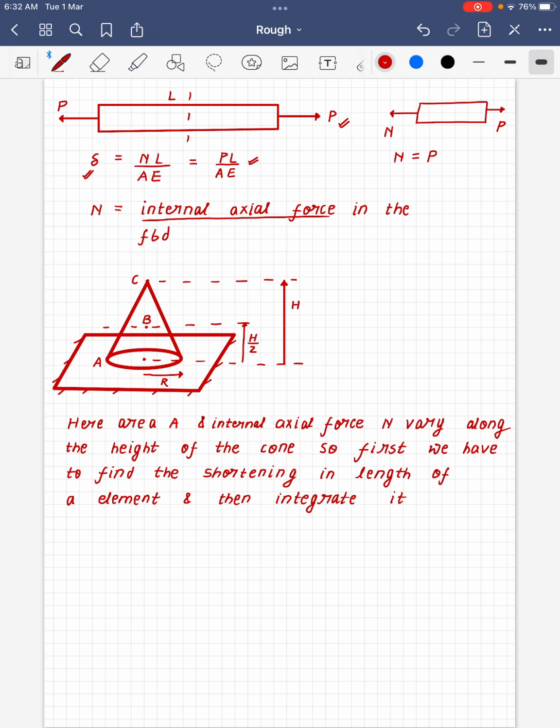Putting N equal to P, we get the elongation PL by AE. But in this question, the cross-sectional area A and the internal axial force N vary along the height of the cone. So we cannot use this formula. We have to first find out the amount by which the element is shortened, and then integrate it.